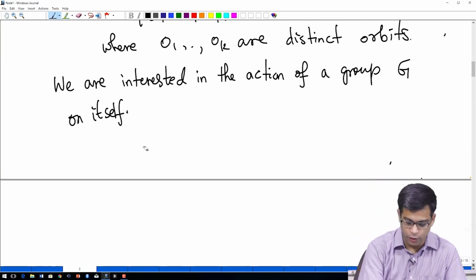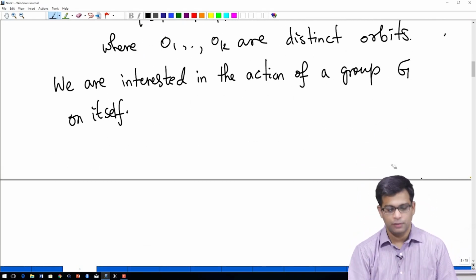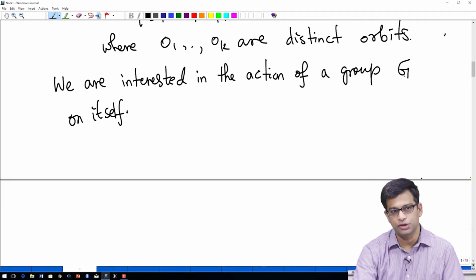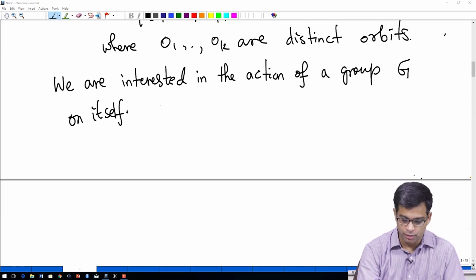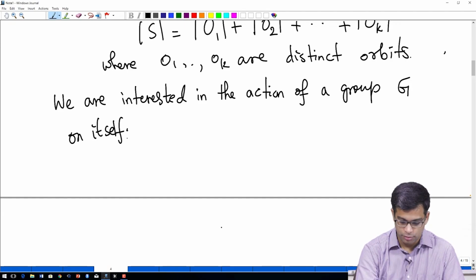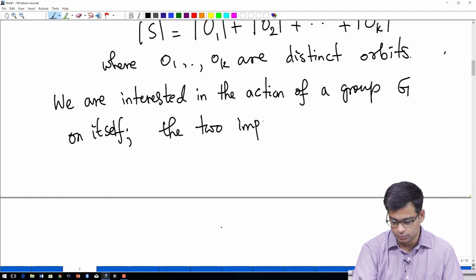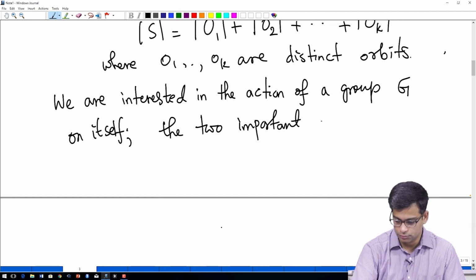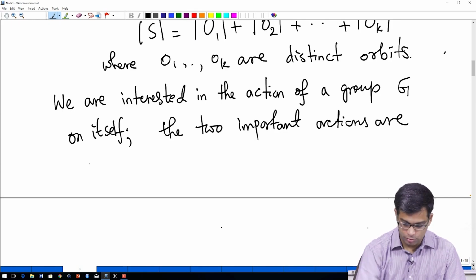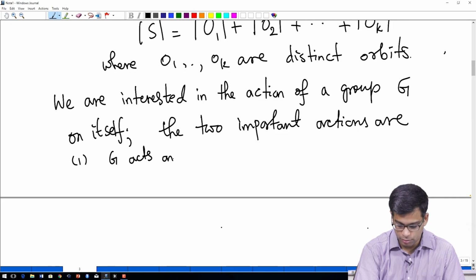But we want to focus in these videos on the group G acting on itself. So, in other words, the set S is also G, and the two important actions are the following. One, G acts on G by left multiplication.